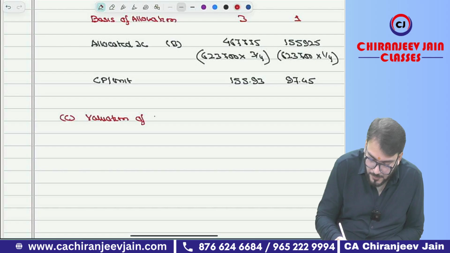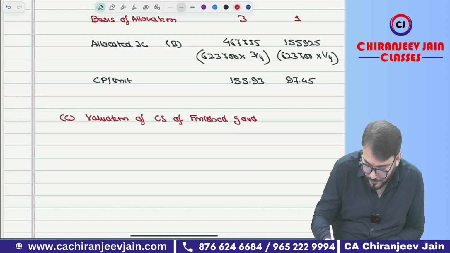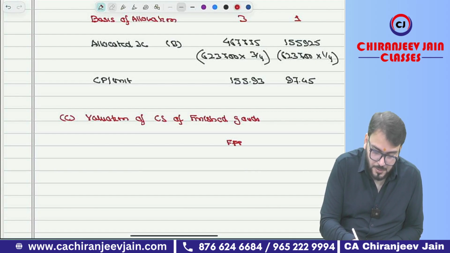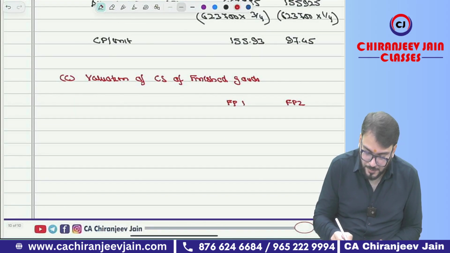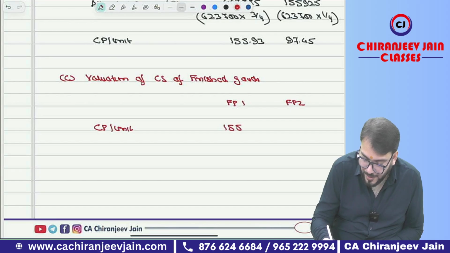Valuation of closing stock of finished goods, FP1 and FP2. What is the cost price per unit? That is 155.93 and 97.45.